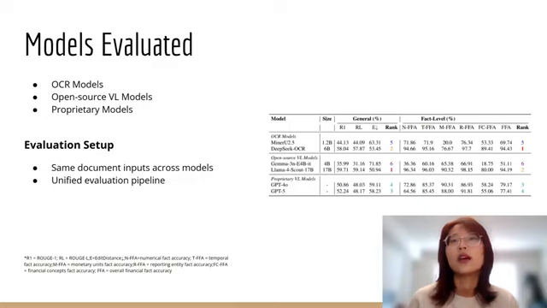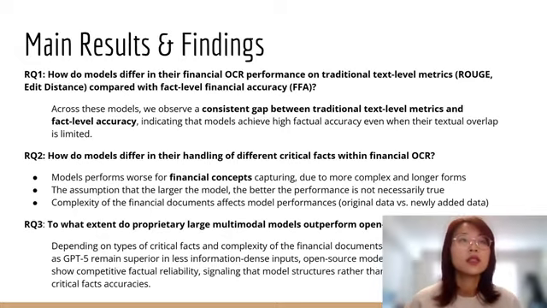Here we can see that DeepSeek OCR is actually performing pretty well, although it only has a 6 billion parameter size. But GPT-4o, GPT-5, and other bigger parameter-sized large language models are actually not the best performing under the FFA metric. So we can see that it's not the larger the model, the better the performance.